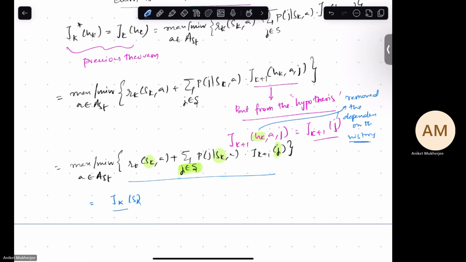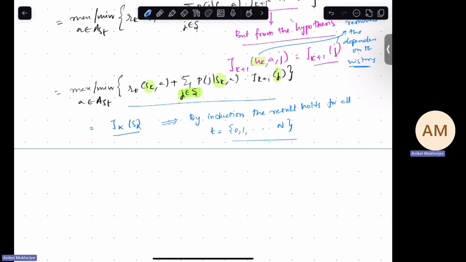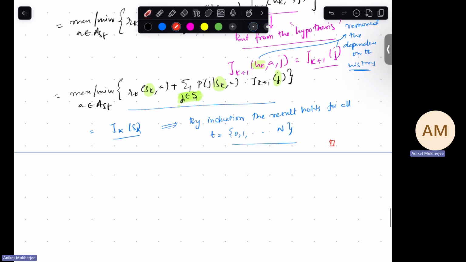Okay. And by induction, the result holds for all t equal to 0 to n. So it is done.